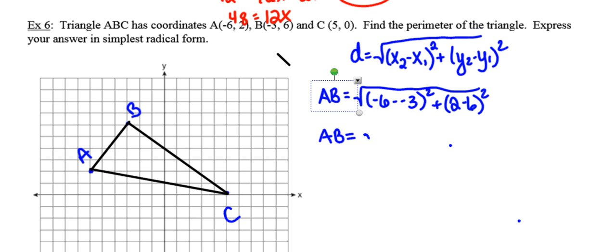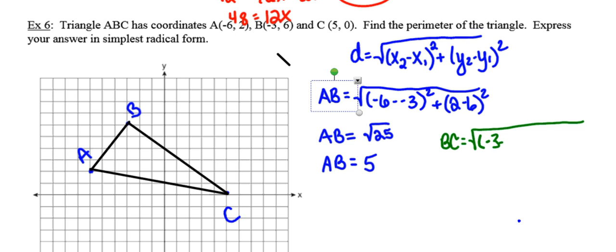So I end up with the square root of 25. But that's not in simplest form, so I don't want to leave it like that, because a nicer, simpler way to say the square root of 25 is just to say 5. I need to now go find the distance between points B and C. So if you haven't looked at the distance formula in a while, now's a really good time to revisit that and make sure that you're really secure and confident in your ability to find distances.